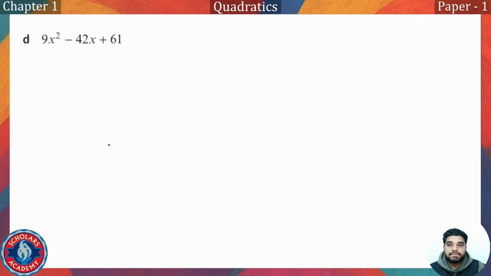So part D, again a perfect square. We'll bring it within the whole square. So (3x) whole square minus 42x plus 61. So we get a as 3x. We get 2ab as 42x.